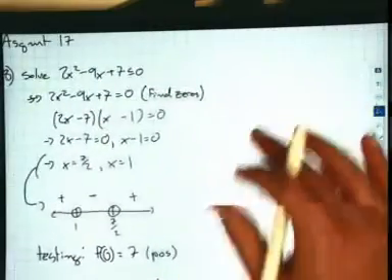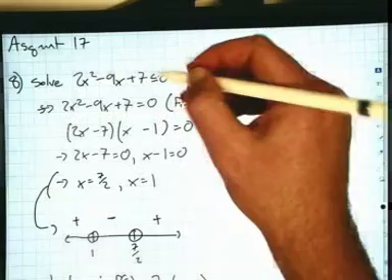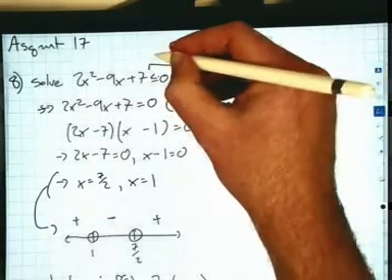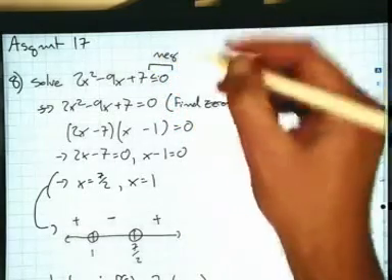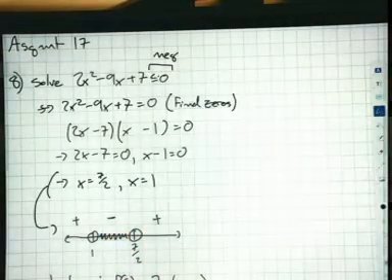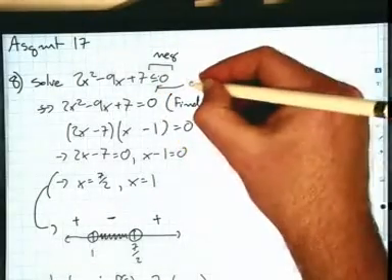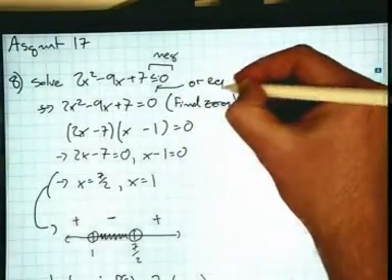Alright, so let's go back to what we want to find. We want to find when the function is less than or equal to 0. That means when it's negative. So we can shade in that interval. Now notice the less than or equal.